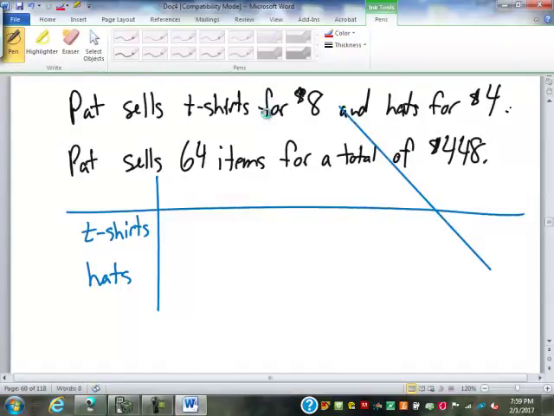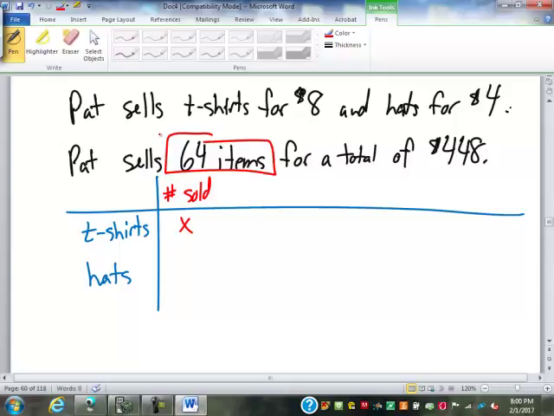T-shirts. T-shirts, okay. So would X be the number of t-shirts sold? So if X is the number of t-shirts sold, how do we know how many hats were sold? Well, we could put in Y, but we can't work with 2 variables. So we've got to figure out a way of defining that in terms of X.